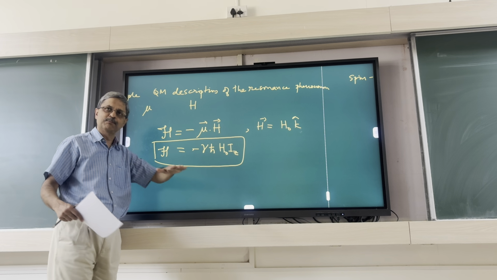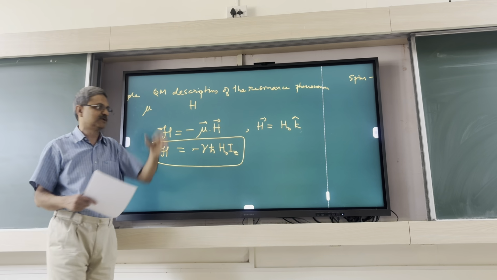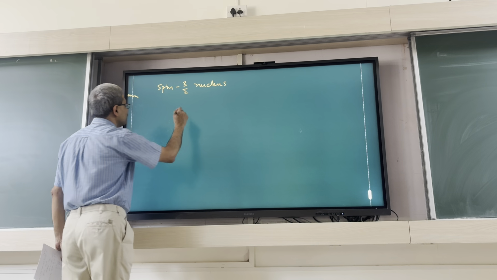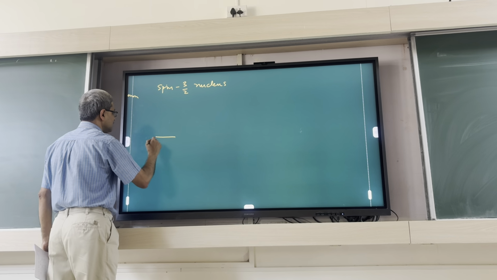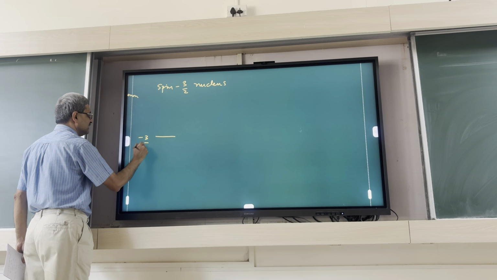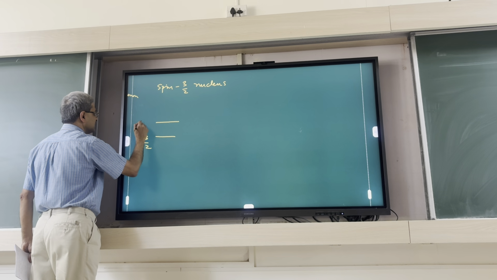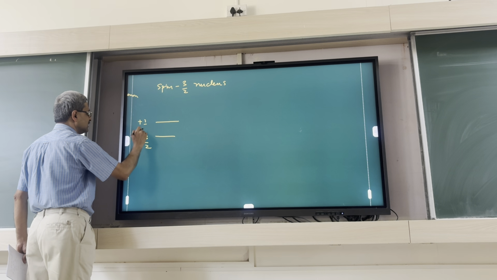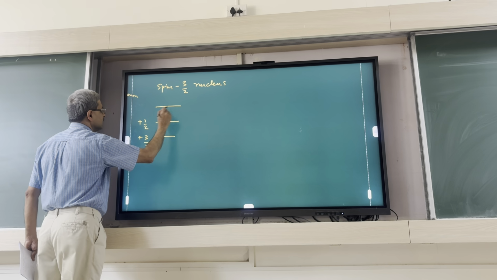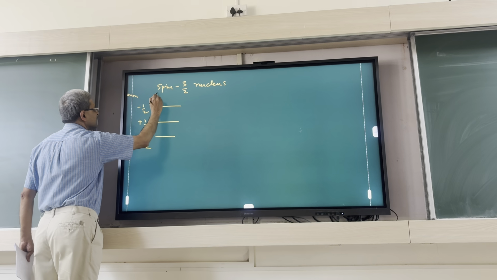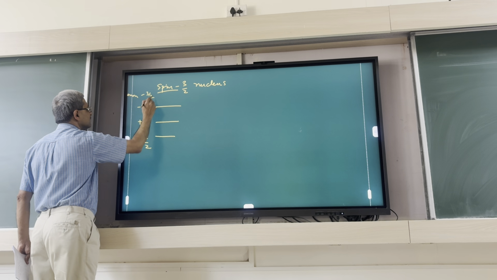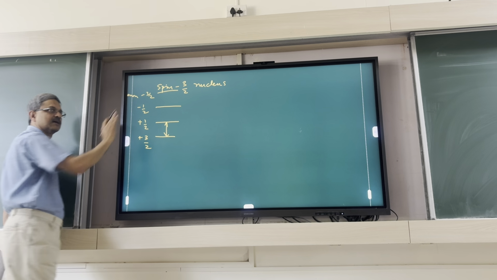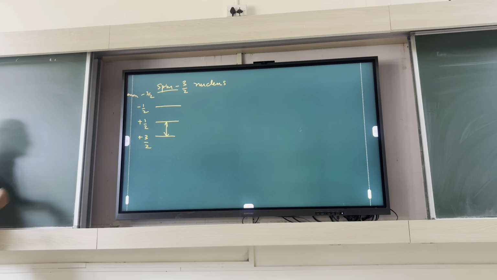Because of the minus sign, m sub I equal to plus 3/2 will be the lowest, then plus 1/2 next, then minus 1/2, and minus 3/2. And of course, these spacings are all equal. That's the way the Hamiltonian is.